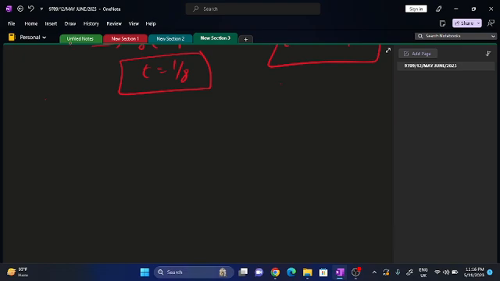Because I put t = x^3, in place of t that would be x^3 = 1/8. In order to find x, I apply the cube root on both sides of the equation.